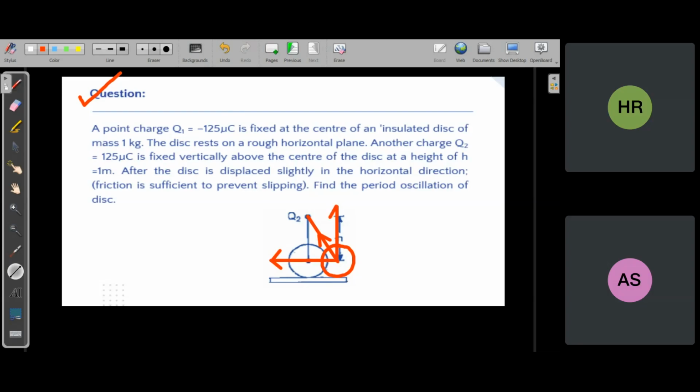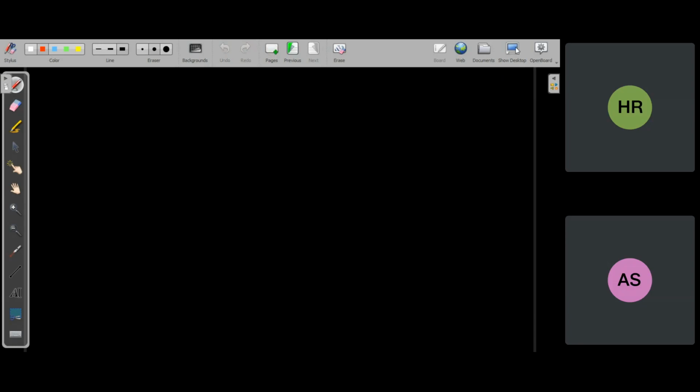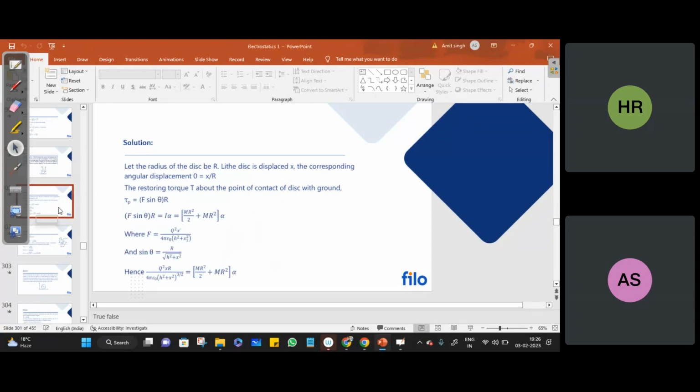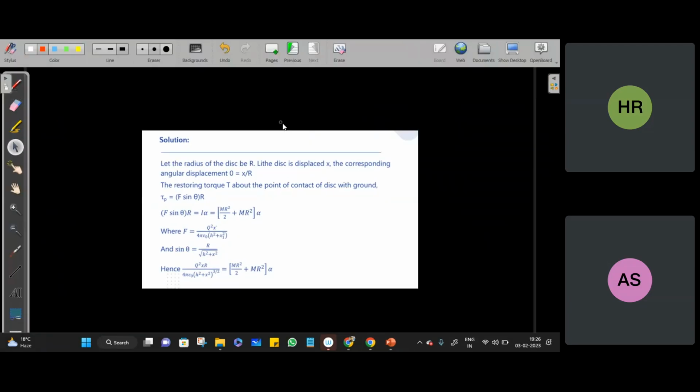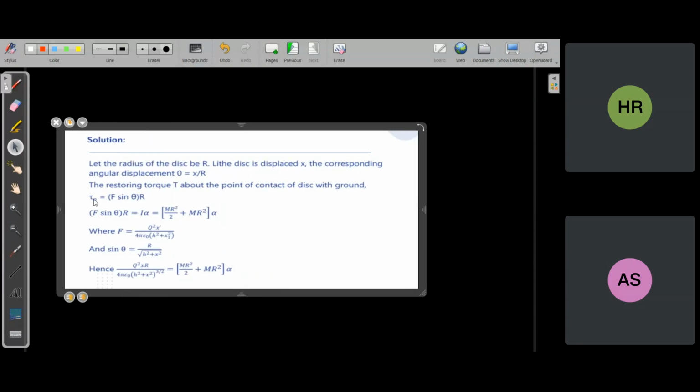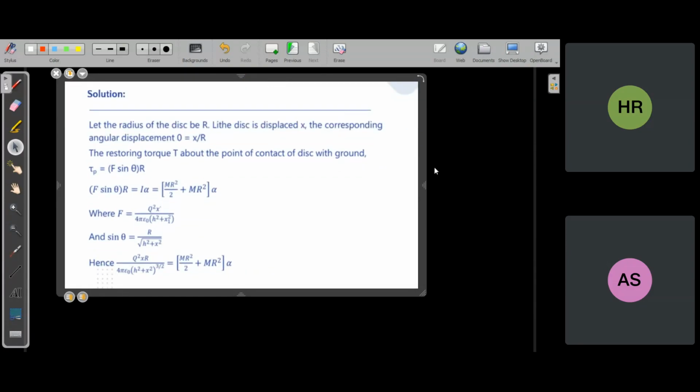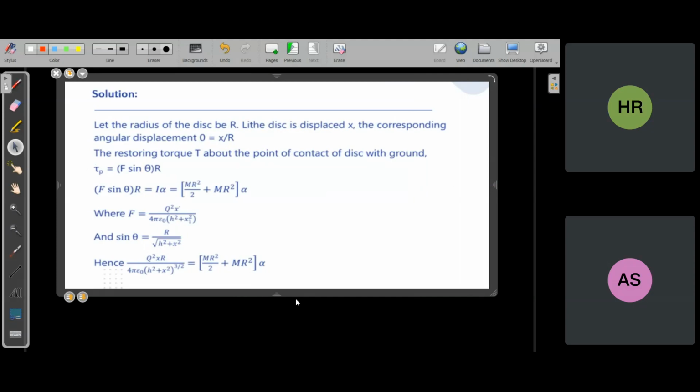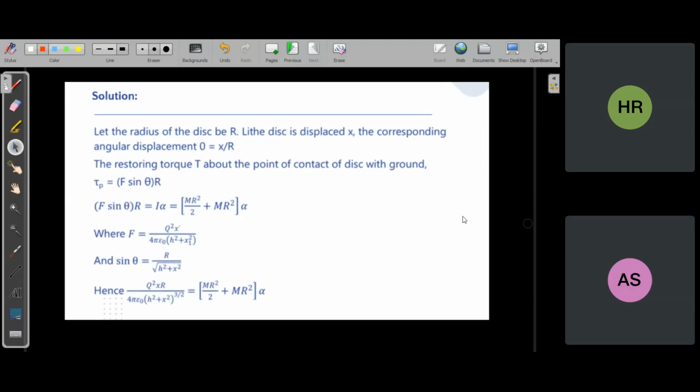Vertical. And then because of this component, there will be a torque about the point of contact. So that entire SHM concept here, you have to apply angular SHM. So ultimately you have to prove that alpha is equal to omega square theta, or you can also do it by force method. You can go through this.